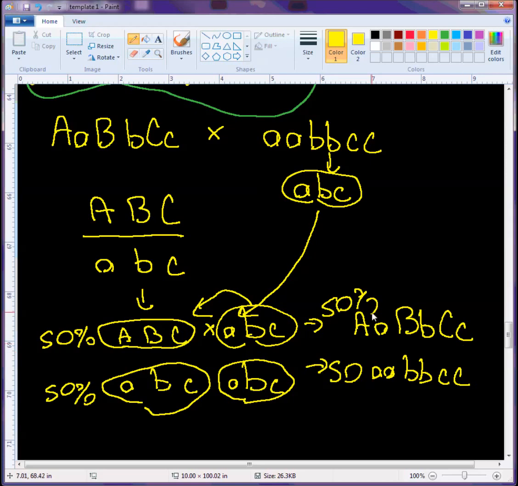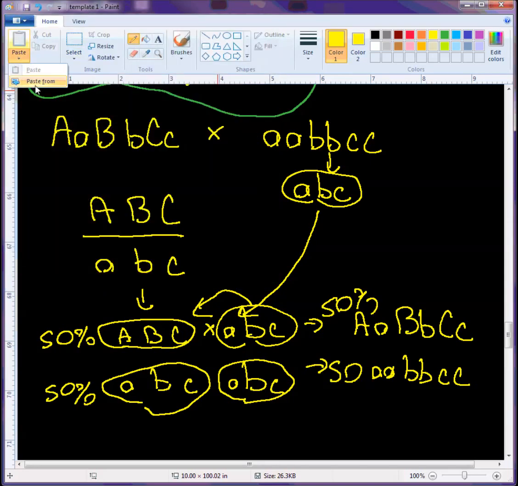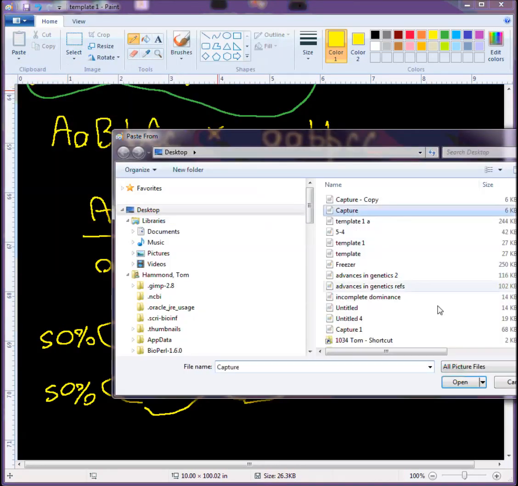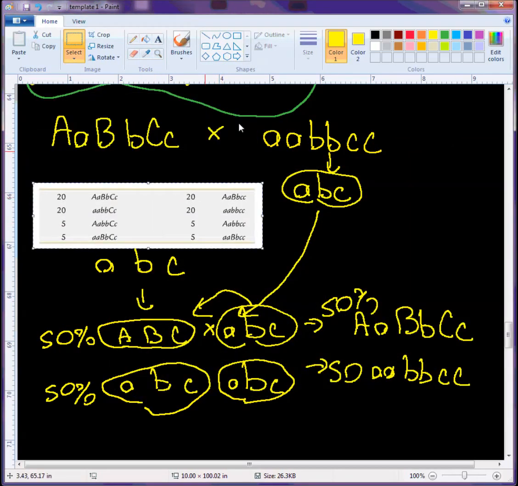And we can paste in the actual data again. Let me see. How did this work before? Okay, paste from... Pasted that in, and we can compare, and you can see it's very different.